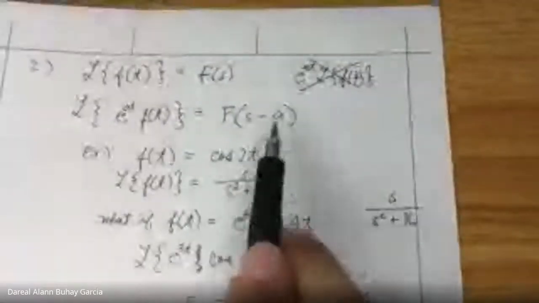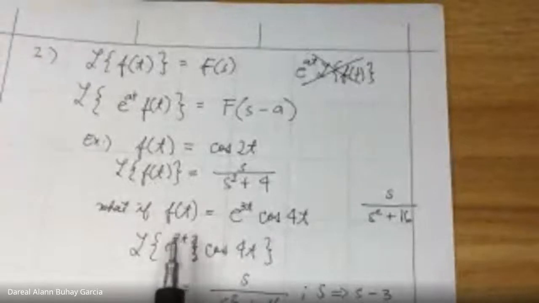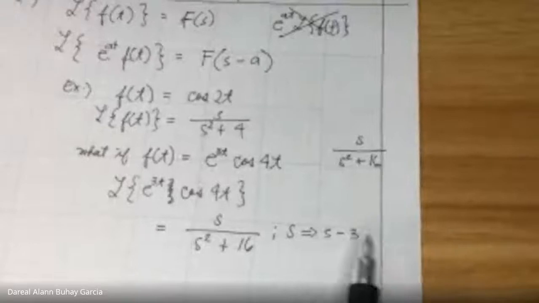s plus or minus 3. Minus 3, sir. Minus, okay, very good. Since 3 is positive, it is s minus positive a, and since a is positive 3, it is s minus 3.